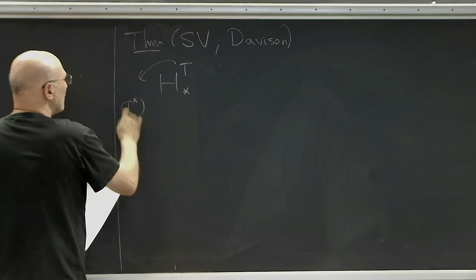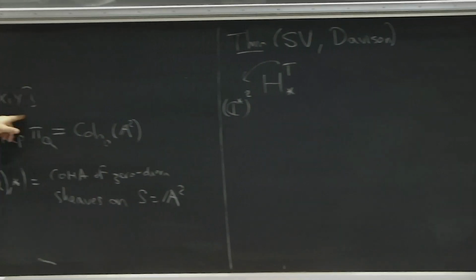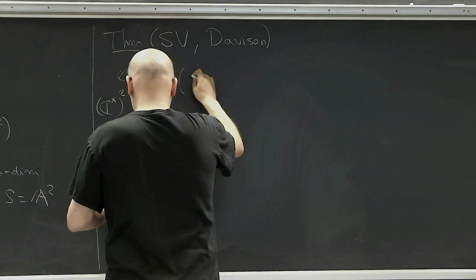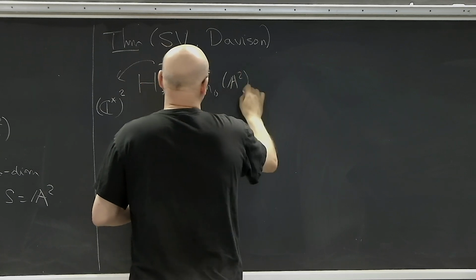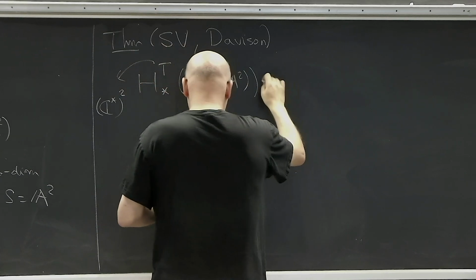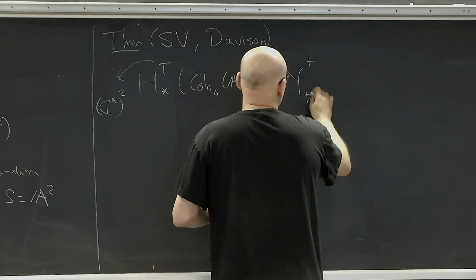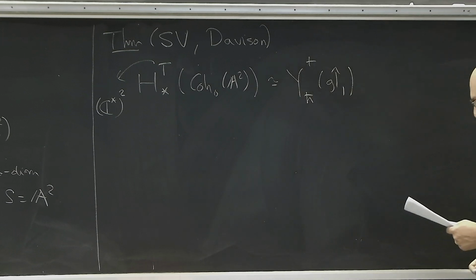T is C star squared acting on the X and the Y. So the T-equivariant homology of this stack, Coh 0 of A2, is isomorphic to the positive half of the so-called affine Yangian of GL1.